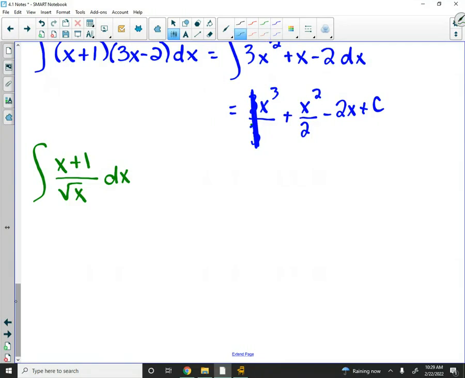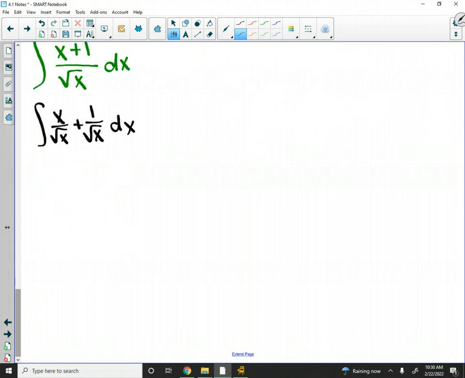Okay, first method we could do is we could divide each of them by that denominator. So x divided by square root of x plus 1 divided by square root of x. And then for us to move forward with that, we would have to simplify their powers. So this is technically 1 power and a 1/2 power. Do you remember what you do with those powers when you're dividing?